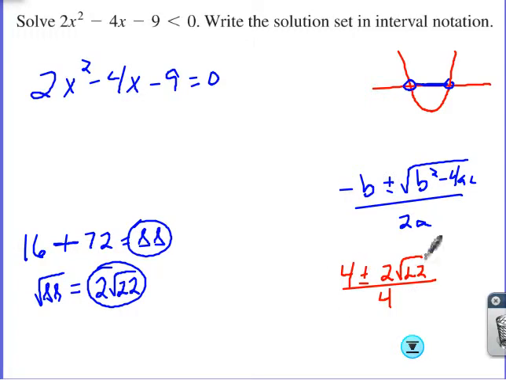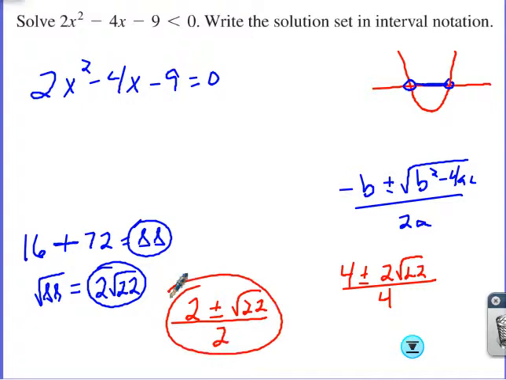Go through and you have 3 terms to reduce this. Let's divide everything by 2. 4 divided by 2 is 2. 2 root 22 divided by 2 is root 22. And on bottom, 4 divided by 2 is 2. That's your 2 answers. So where does that cross? This one is my 2 minus root 22 over 2.